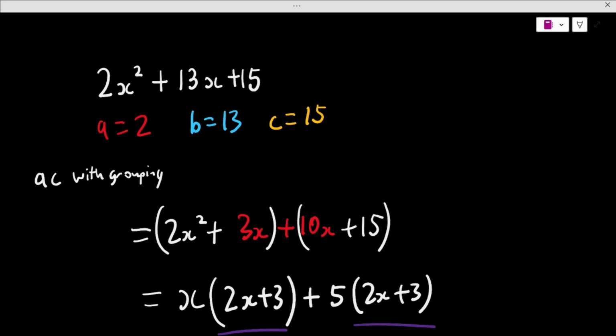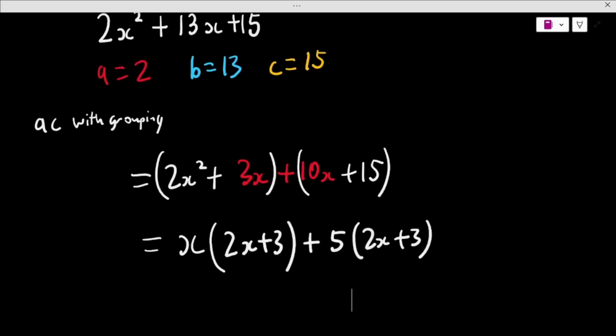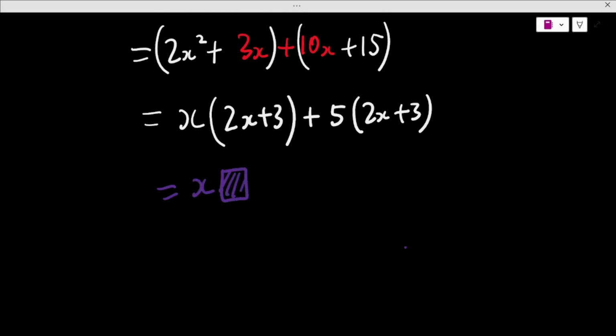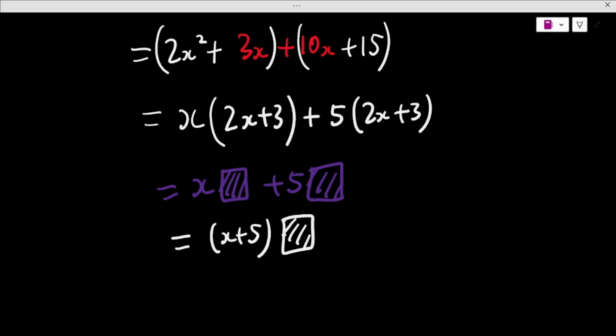What do we do from here? Well, we can imagine that 2x plus 3 is, let's say, a box. So this will be equal to x times a box plus 5 times a box. So how many boxes do we have in total? Well, this is going to be equal to x plus 5 boxes, right?